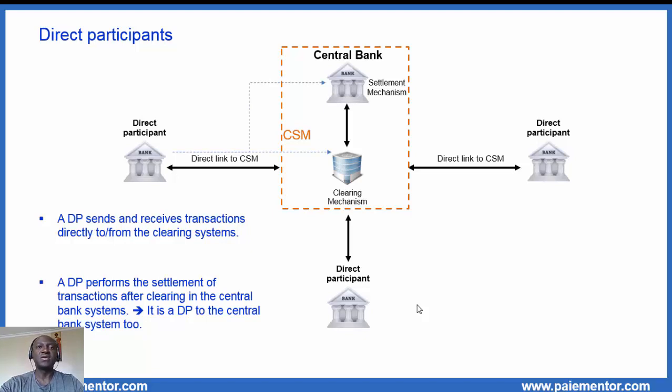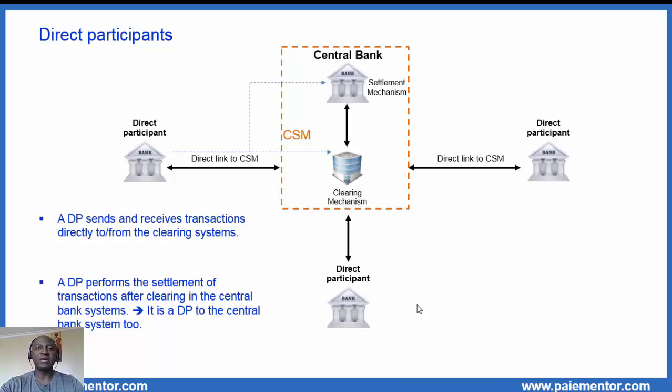As a consequence, a direct participant sends and receives transactions directly to and from the clearing system. And it also performs the settlement of transactions after the multilateral clearing in the central bank systems, as we saw in a previous video. Direct participants are in general major and international banks with very high volumes of transactions.